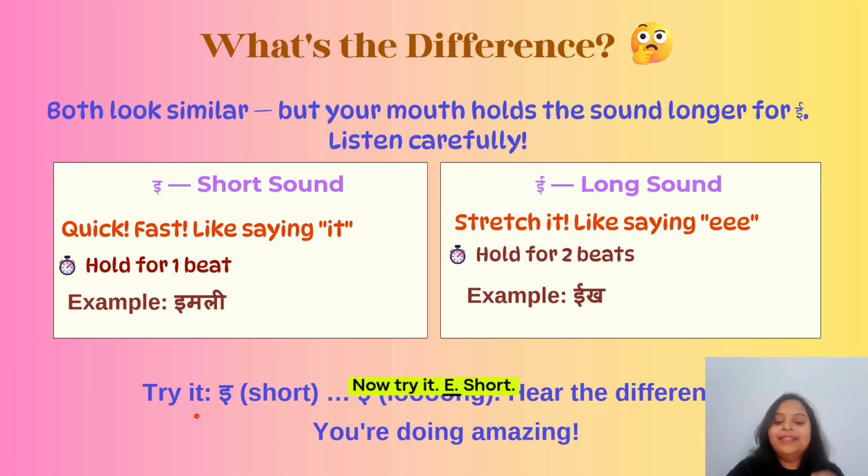Now try it. E short and E long. And hear the difference. First and second was A, A. Third and fourth is E, E. Now say all these four in a row.